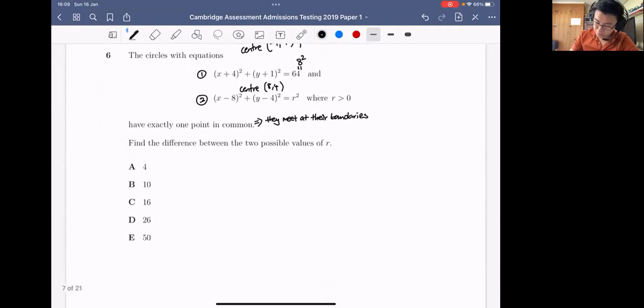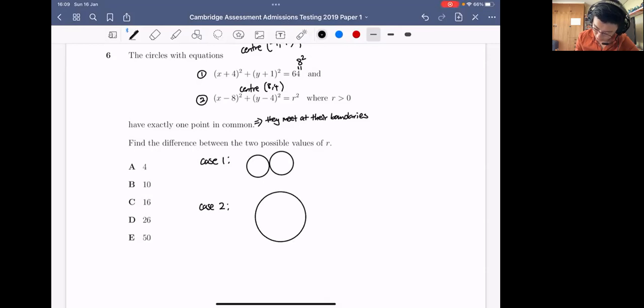So when I say they meet at their boundaries, there are two scenarios where they meet at the boundaries. The first case is just them touching like this. And case 2 is when one of them is contained inside the other one. So something like this. Hope that makes sense.